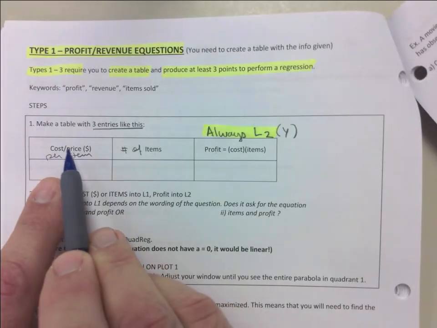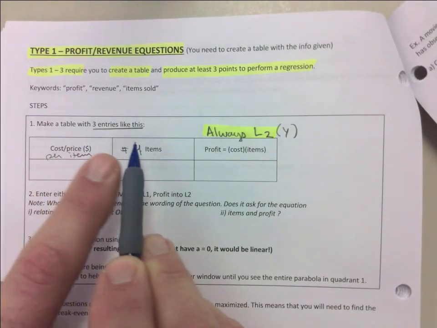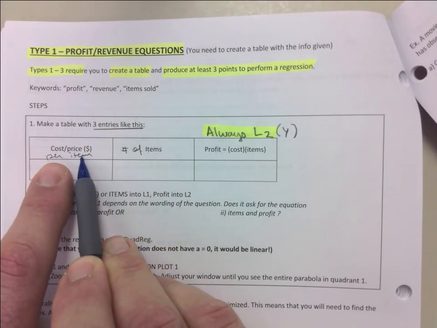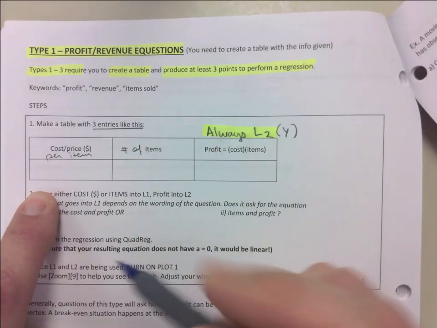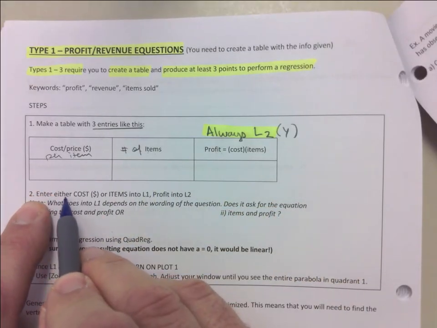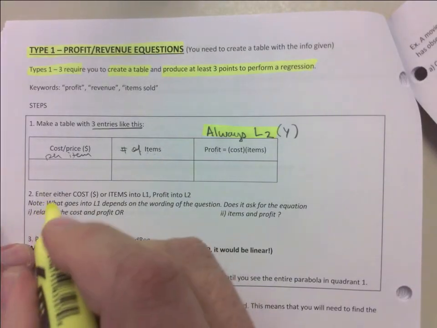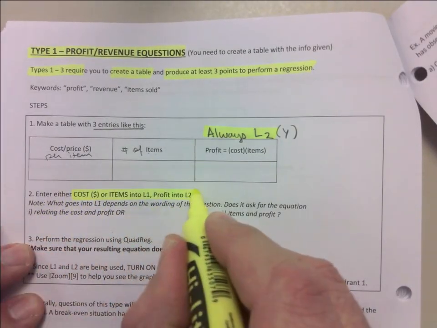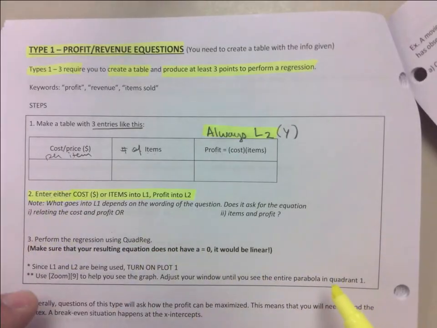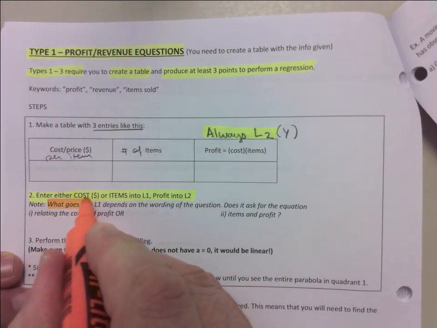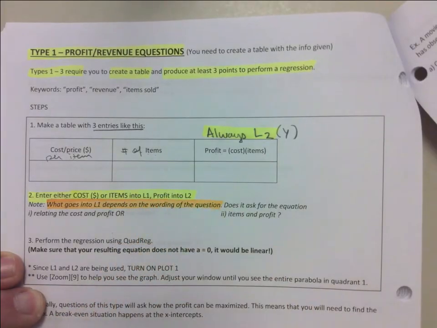Whether you put cost or items into L1 is going to be dependent on the question. So enter either cost or items into L1, profit into L2, that would be your second step. What goes into L1 depends on the wording of the question.